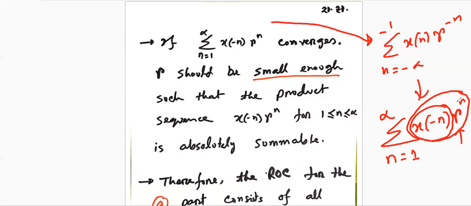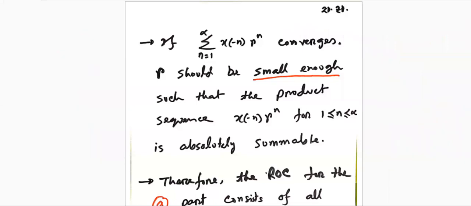So what could be the highest value of R? The highest value of R is, let's say, 0.5. Then what could be the lowest value of R to make the system stable? Of course, 0. And that is why, what is the ROC of this kind of sequence?